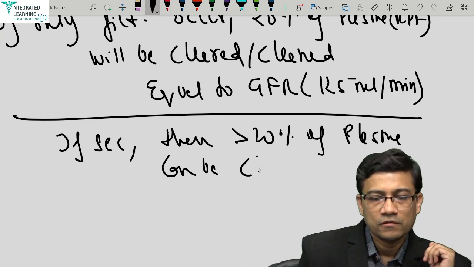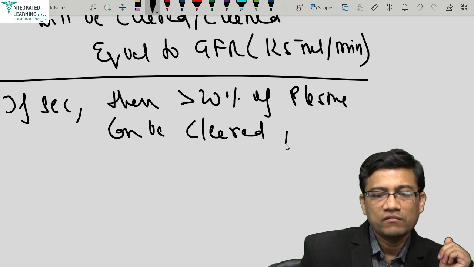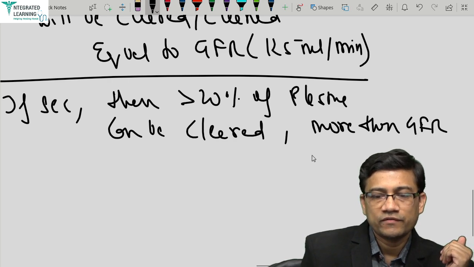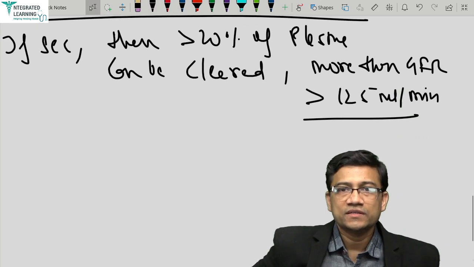That means now the clearance value will be more than GFR, that is more than 125 ml per minute. So that is a summary of the concept of clearance.